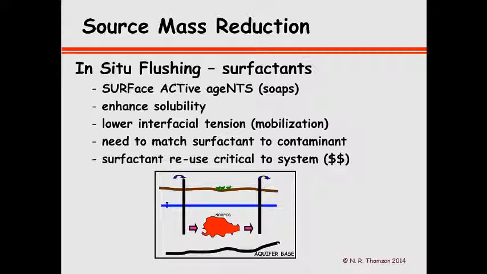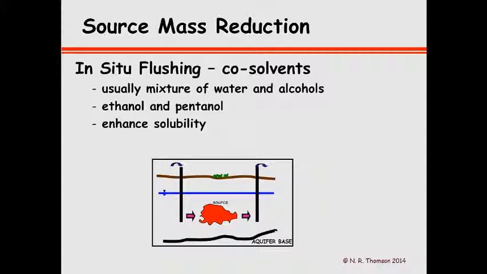And sometimes, since surfactants are very expensive, you may want to recycle the surfactants. In the case of co-solvents, which are normally a mixture of water and alcohols, for example, methanol and ethanol, they would then enhance the solubility of the non-aqueous phase liquid.